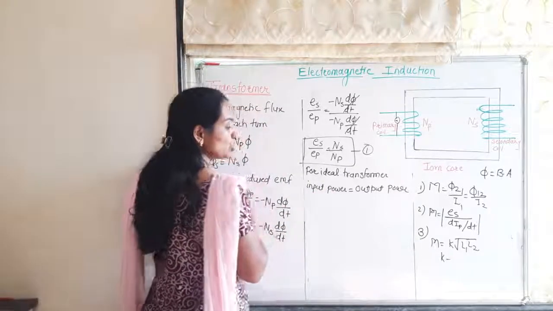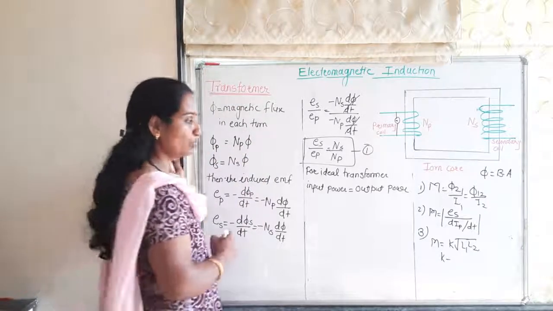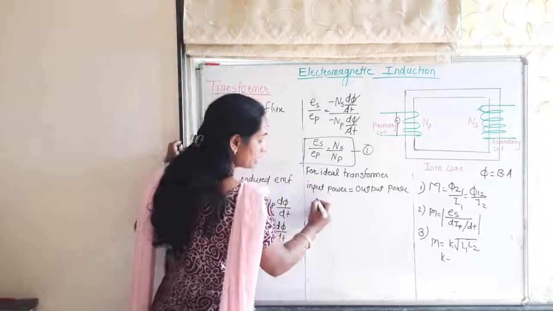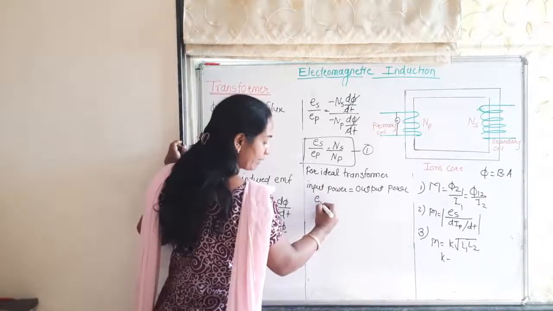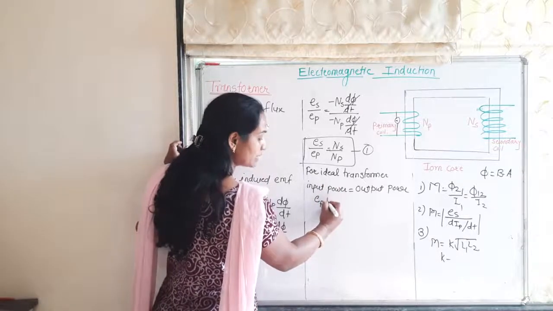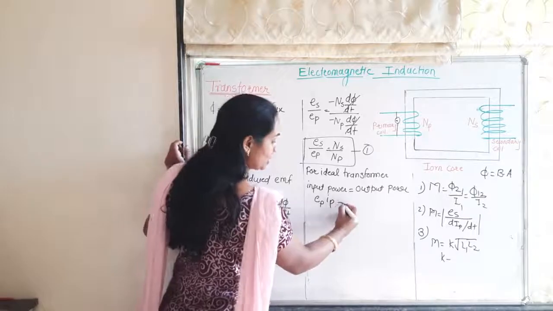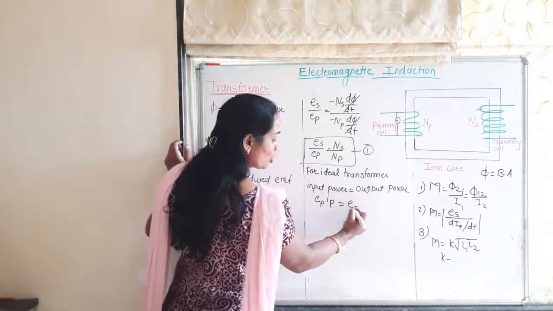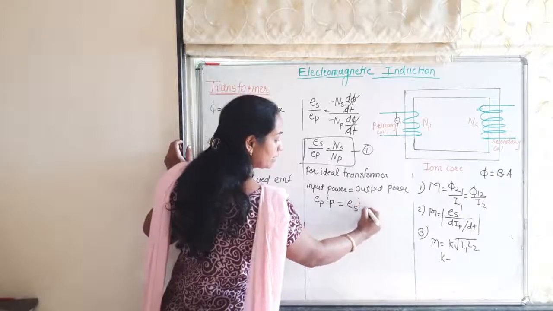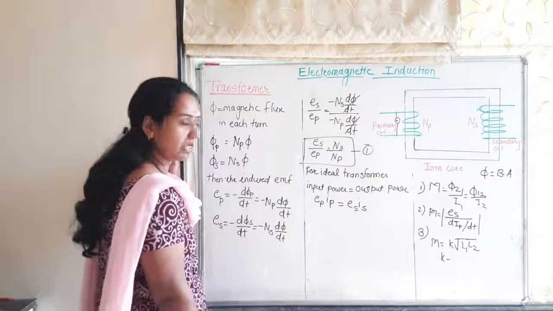We also know that the power formula is equal to V into I. V means the EMF in the primary coil, and I means the current in the primary coil. Then the EMF in the secondary coil is Es, and the current in the secondary coil is Is.